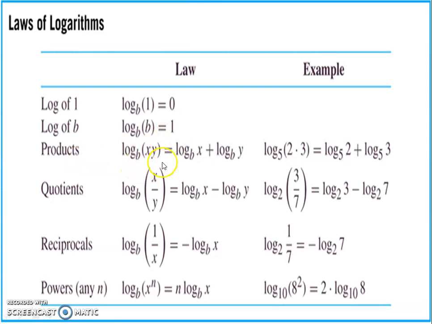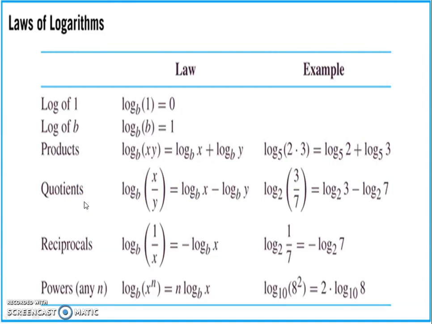Product law: log of x into y to the base b is equal to log x to the base b plus log y to the base b. That means if I put x equal to 2, y equal to 3 and base 5, then I can distribute it as log 2 to the base 5 plus log 3 to the base 5.